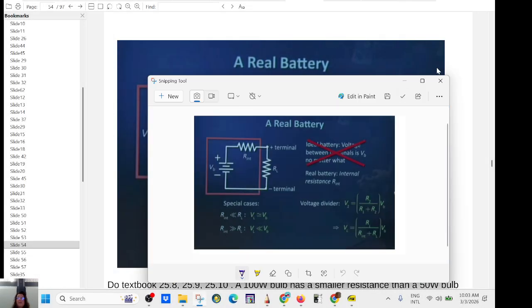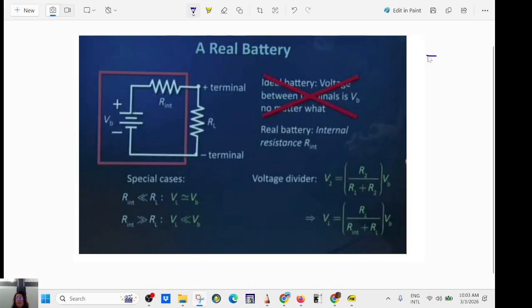It's like you have your battery here, and then you have a sneaky little resistance hiding inside, and then you have your load. The load, that's what you want. That will be V out, the terminal voltage. That will be your headlight.